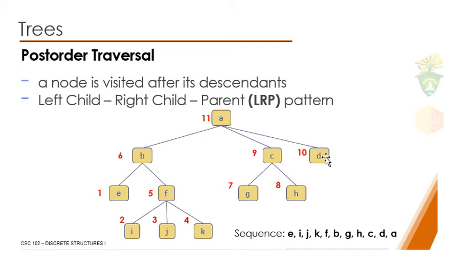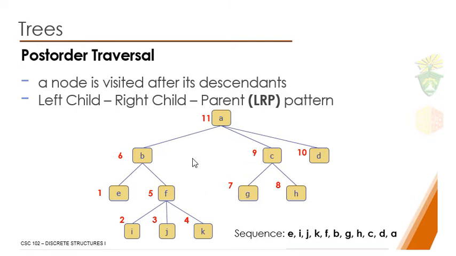So, node D. Node D is a leaf. It has no child. So, after visiting node D, we can now visit node A, the very last node, that's our root. So, clear? This is the output sequence.